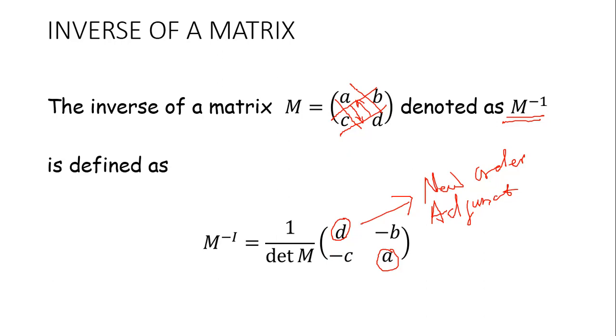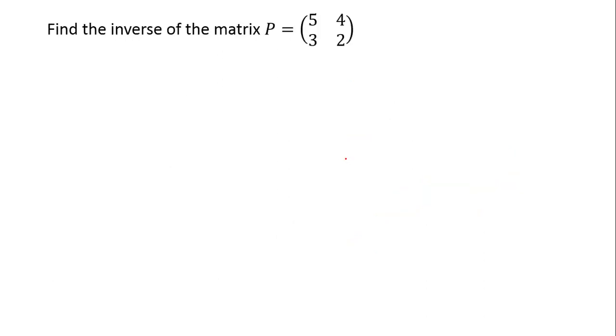Let us look at some examples here. So our example 1, we are requested to find the inverse of a matrix P, which is equal to 5, 4, 3, 2. So what are we going to begin by finding? The adjunct.